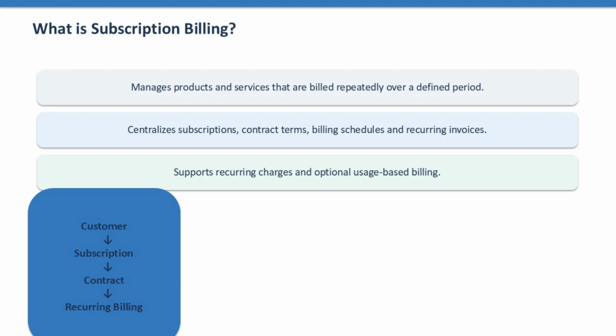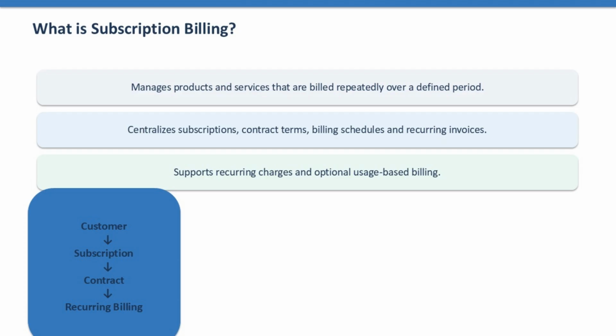We can have a gym membership, a club membership, or OTT platform subscriptions. These are called subscriptions, right? A subscription has a contract, a billing schedule, and recurring invoices, like your internet broadband bills, which you get every month.